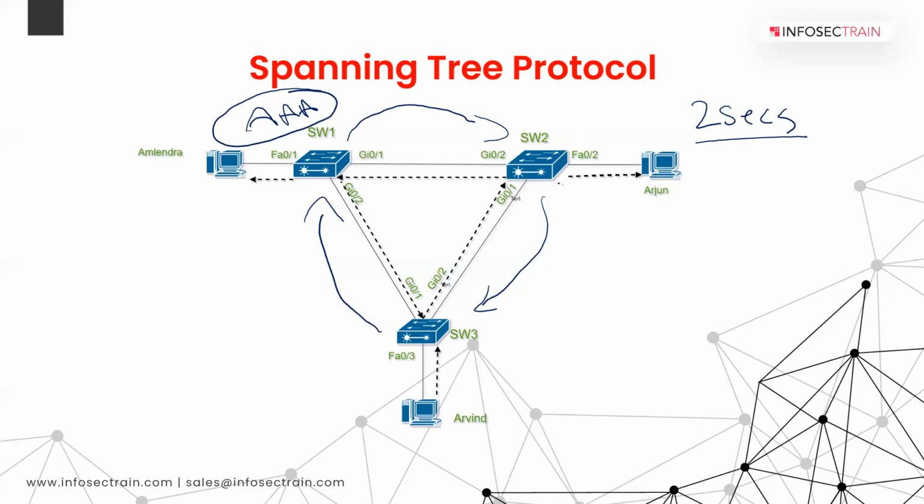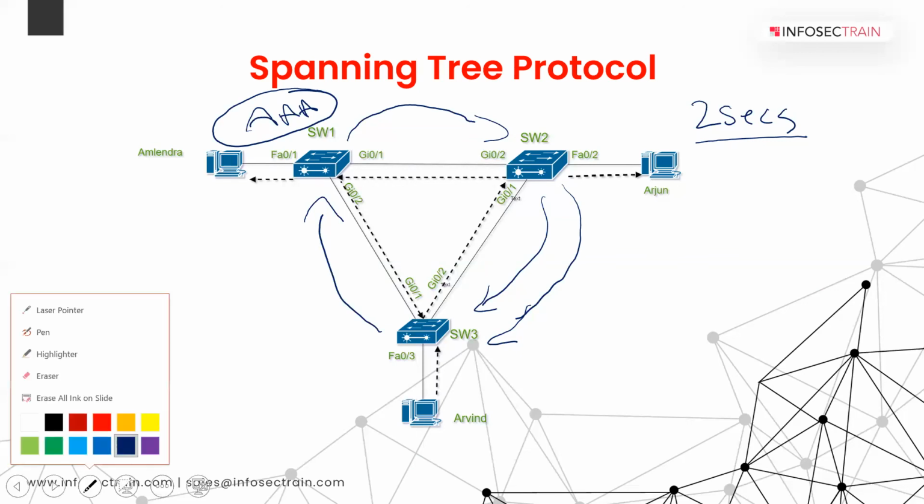Same like that, when it will send it towards switch 3, switch 3 will find out that my MAC address is greater than the one of switch 1. So I will stop manufacturing my BPDUs and I will forward the BPDUs of switch 1.